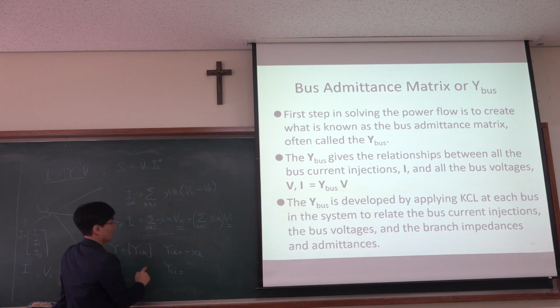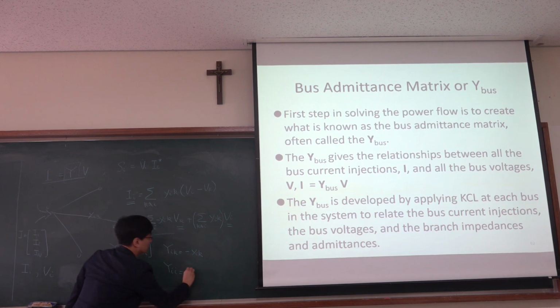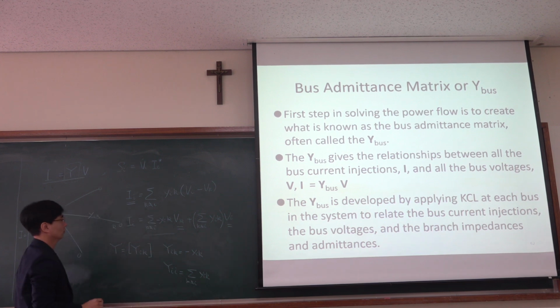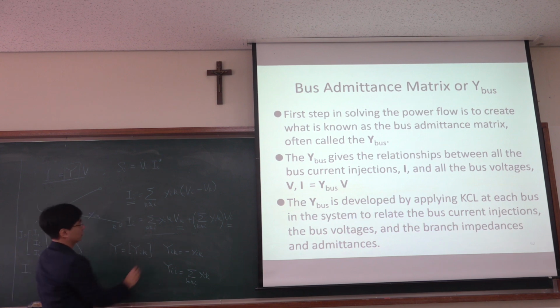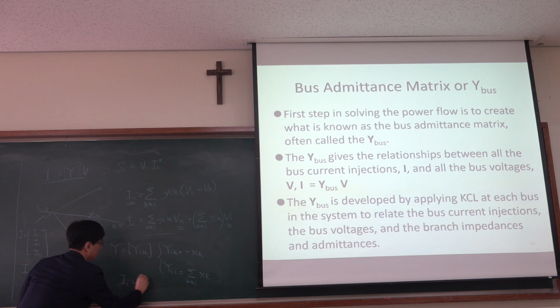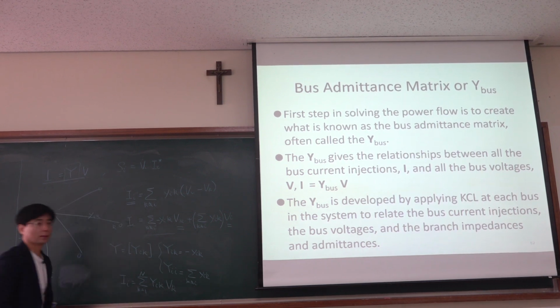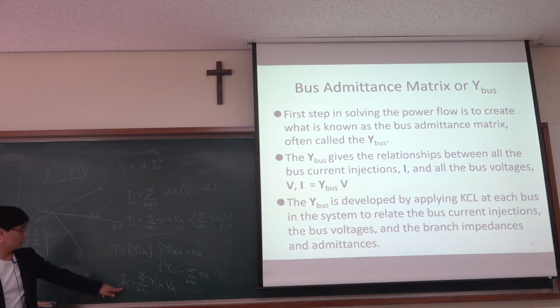If we define it as the summation over K of y sub ik, then using this new notation, we can say this is the same as the sum from K equals 1 to N of Y sub ik times V sub K. What is this?